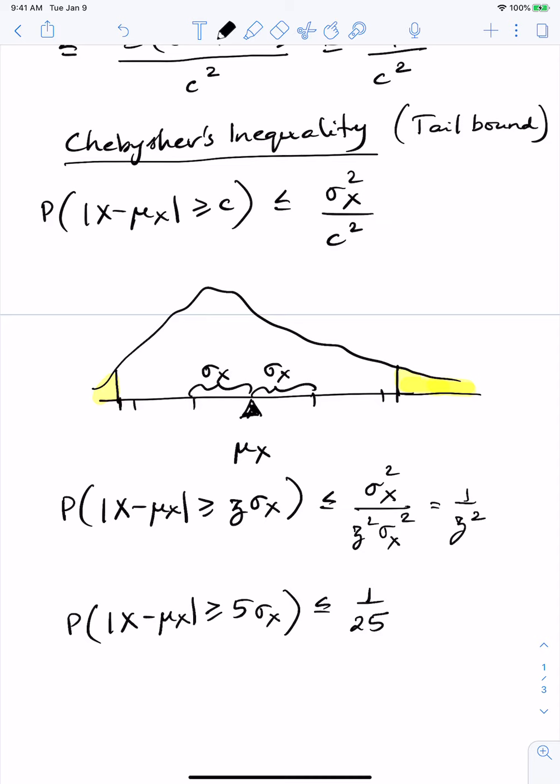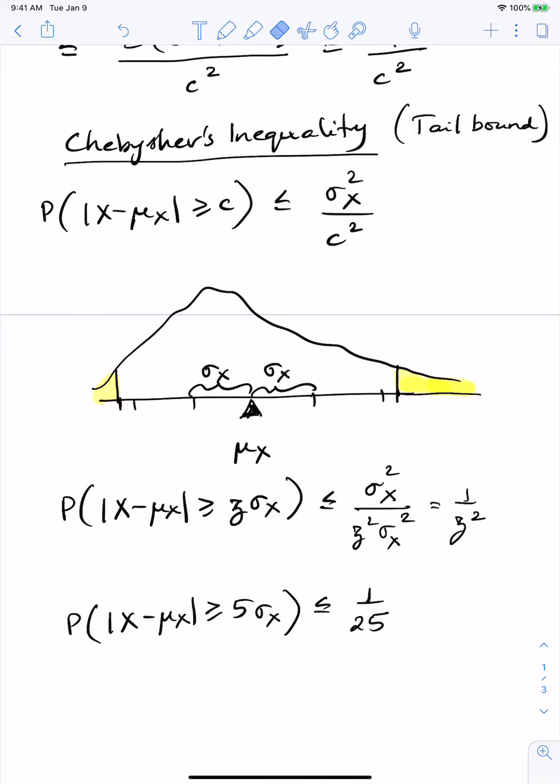So your distribution, no matter what its shape, is going to put the vast bulk of its mass on the interval mean plus or minus a few SDs. And that's one reason the SD is a useful measure of spread. Any result that starts with no matter what the shape of the distribution, that's a powerful result.